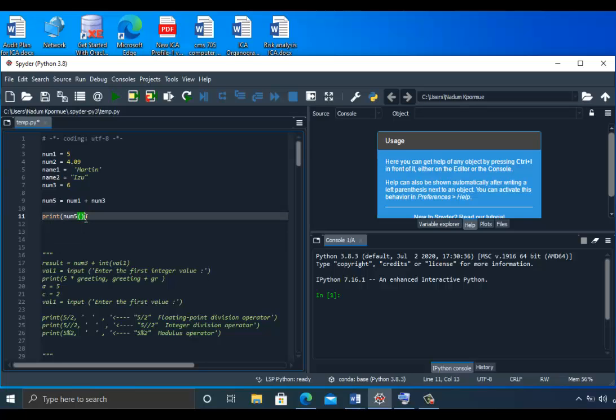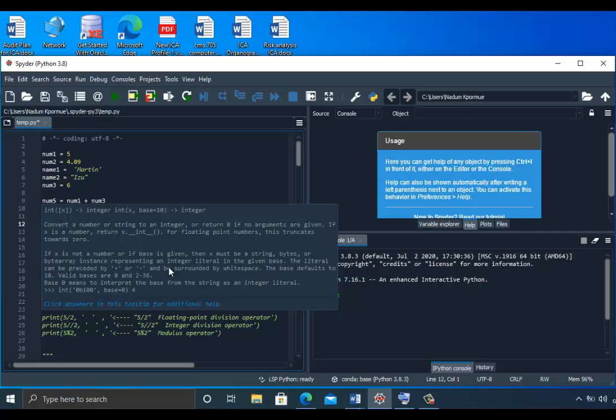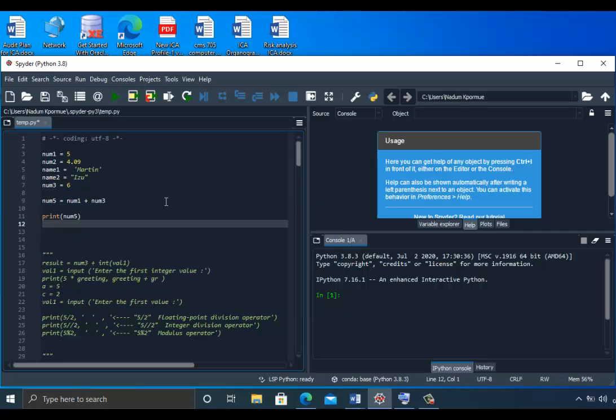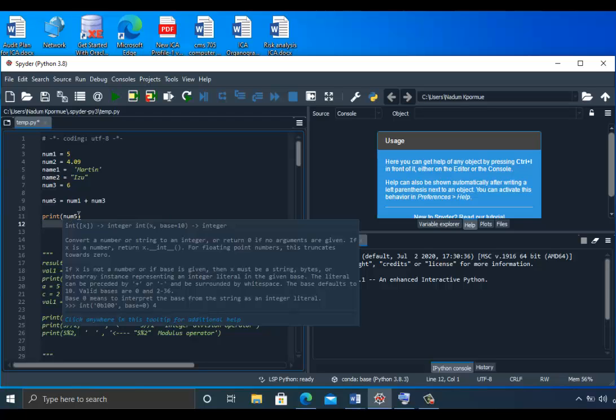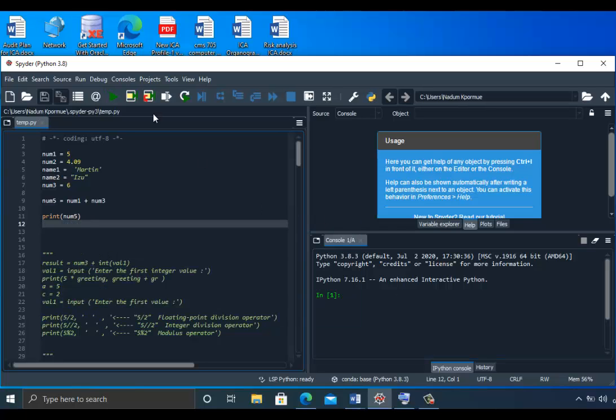Okay, so by the time the interpreter carries out this evaluation on the right hand side, whatever the result is, it will store it in num5, the memory location referenced as num5, then we will output it on the screen. So let's see what we have there.